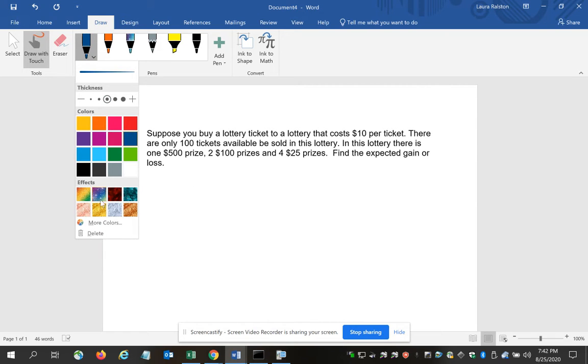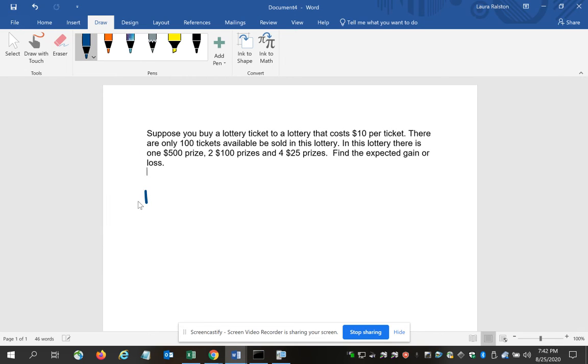Okay, so first off, let's find the probability of each event. The probability that you win $500: there's one way to win $500 out of the 100 tickets sold. The probability that you win $100, there are two ways to do that out of a total of 100.